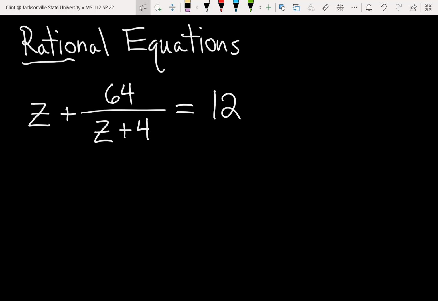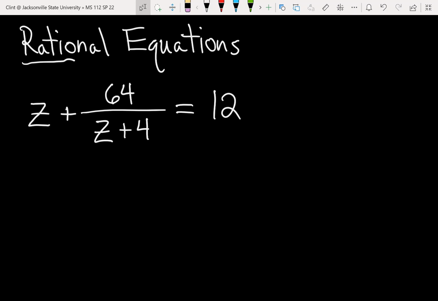There are multiple methods you can use on these. You could get a common denominator on the left, turn that into one fraction, and then cross multiply. That's fine. But I'm going to just focus on getting rid of the fraction part.